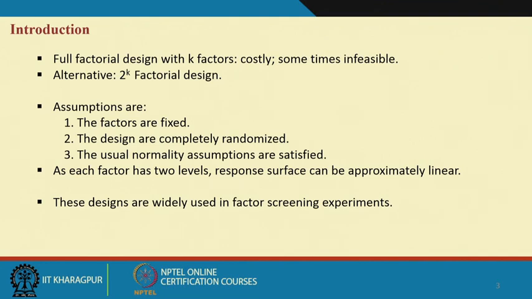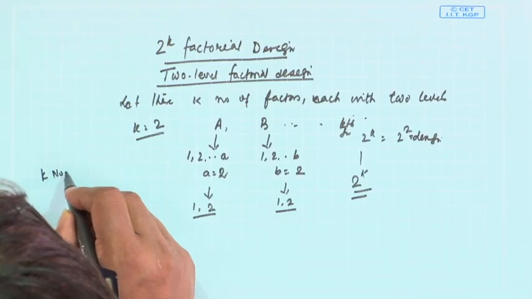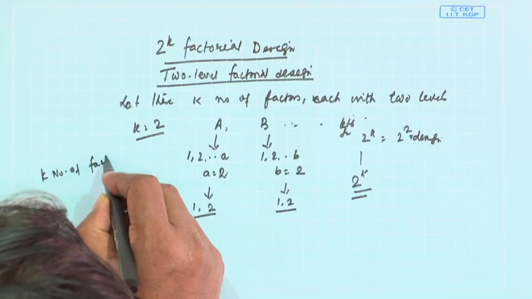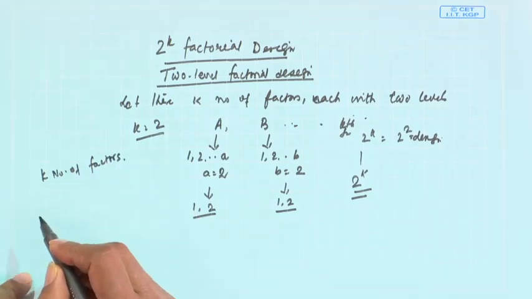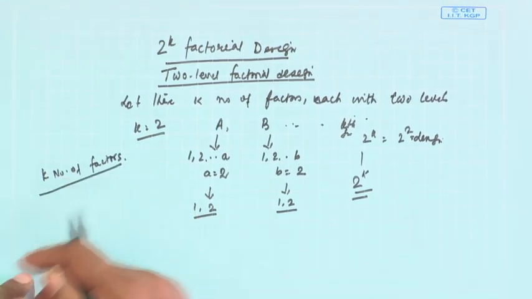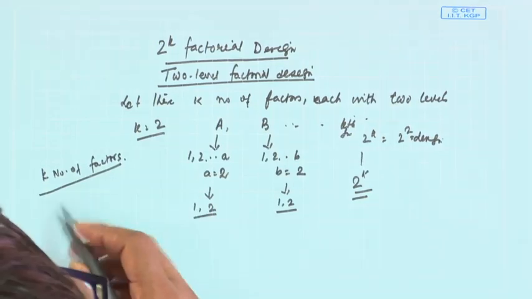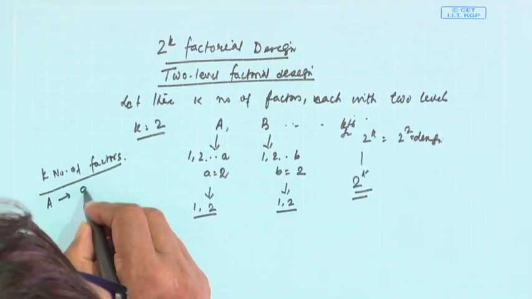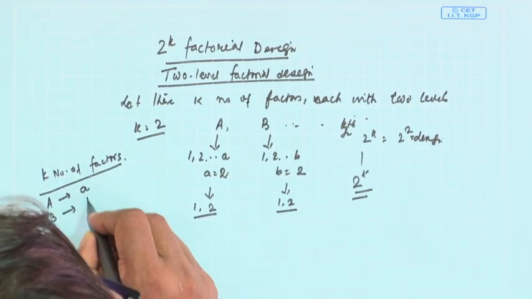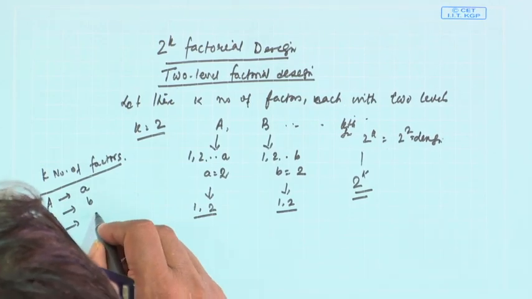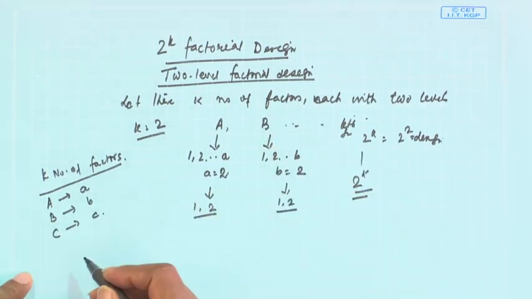So, just consider a case with full factorial design. Suppose I have k number of factors, each having different levels, A having a levels, B having b levels, C having c levels, like this.